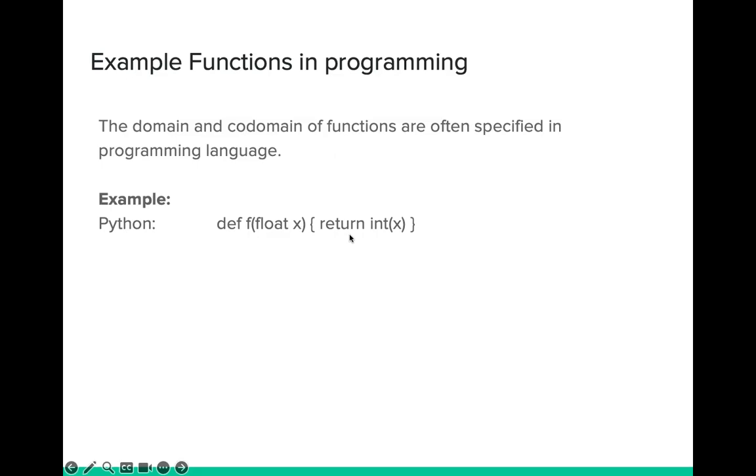It returns int of x. So you input a float x into the function, and the function will produce an integer, okay? Because it will compute the int of x. Let's say also in Java, for example, you have a function f, and it accepts an input float x, and it will do some computations and then return something. Then Pascal and so on.